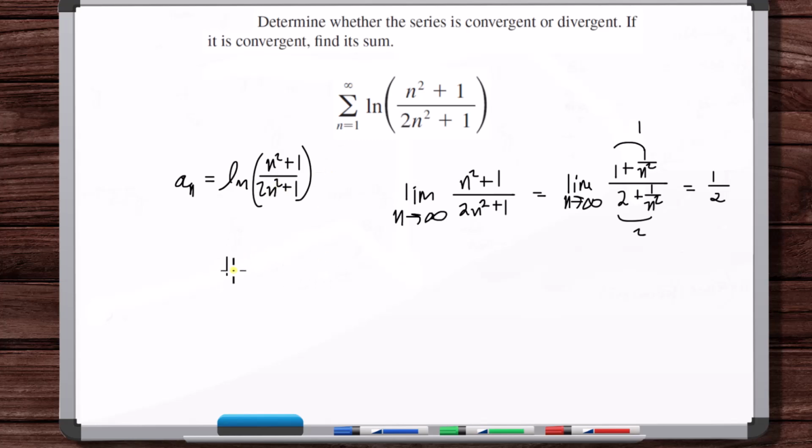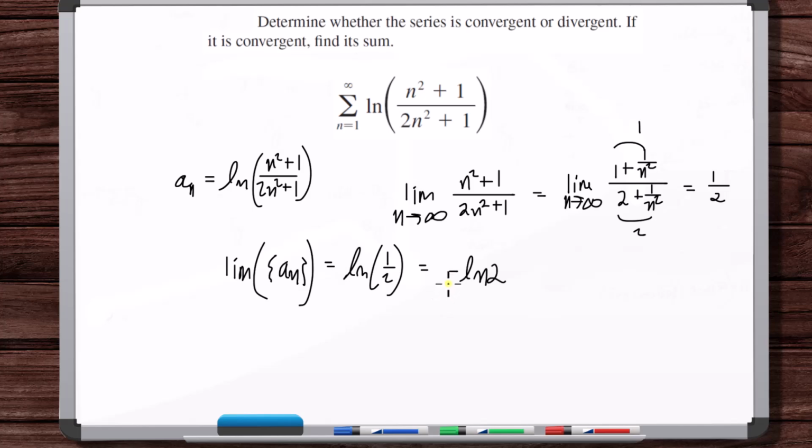So the limit of a sub n is equal to natural log of 1/2, which is minus natural log of 2.